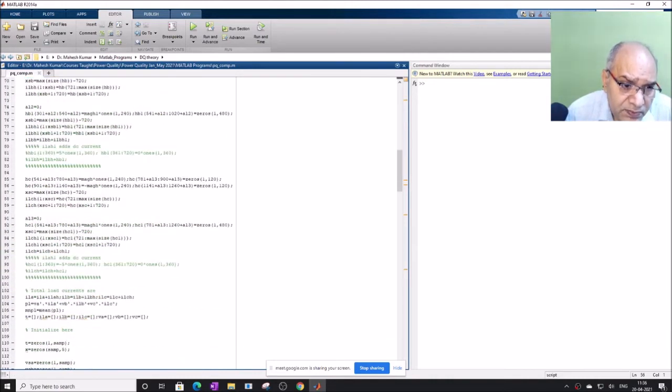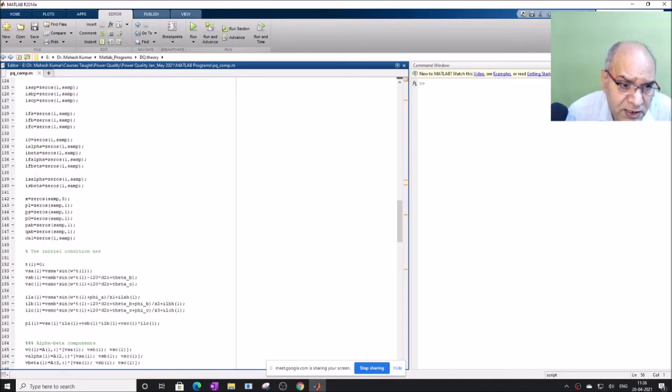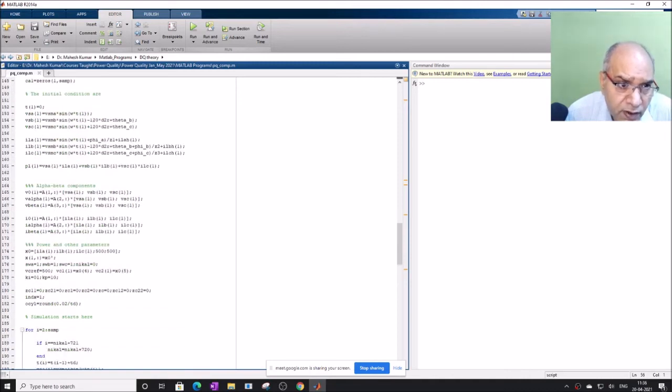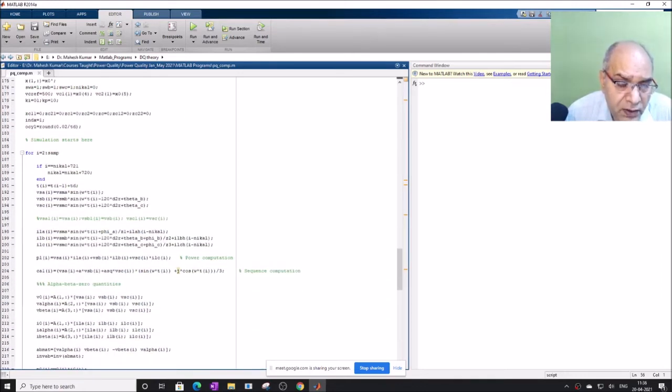And then we go for defining the various state variables in the form of their size. We define the first component of each variable, and then we start the loop here, from 2 to SAMP. SAMP is the number of samples over which we have to do these computations.